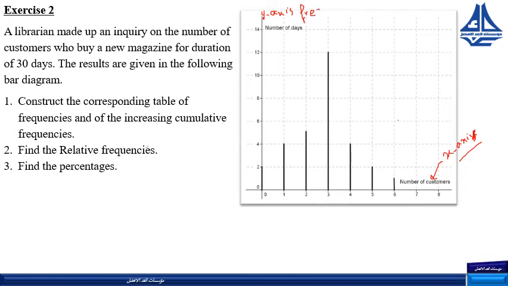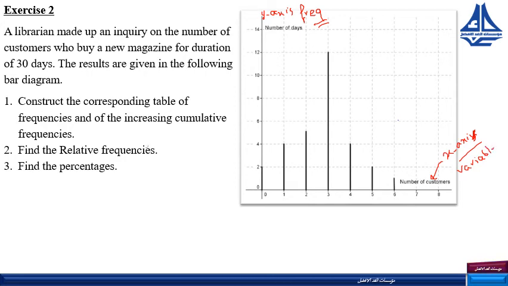So, to solve this, it's clear now. The y-axis is the axis of frequency, and the x-axis is the axis of the variable. This is the variable, the first row.